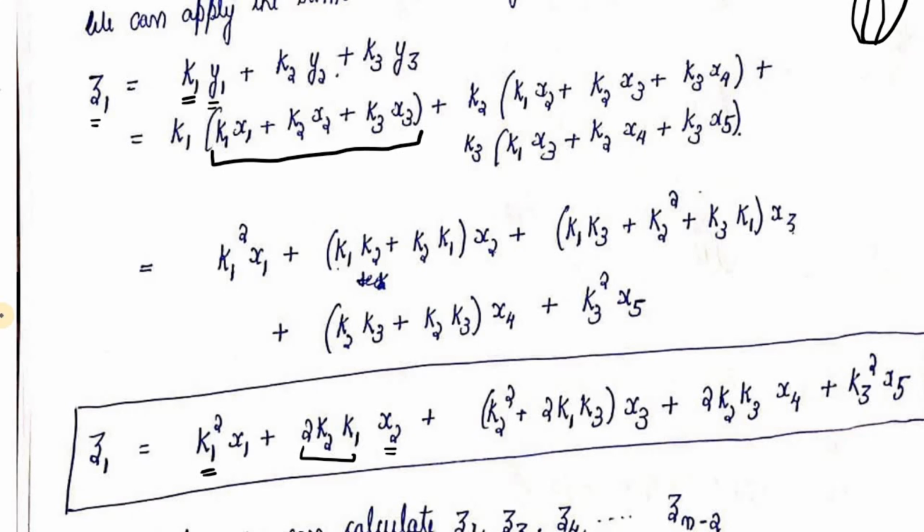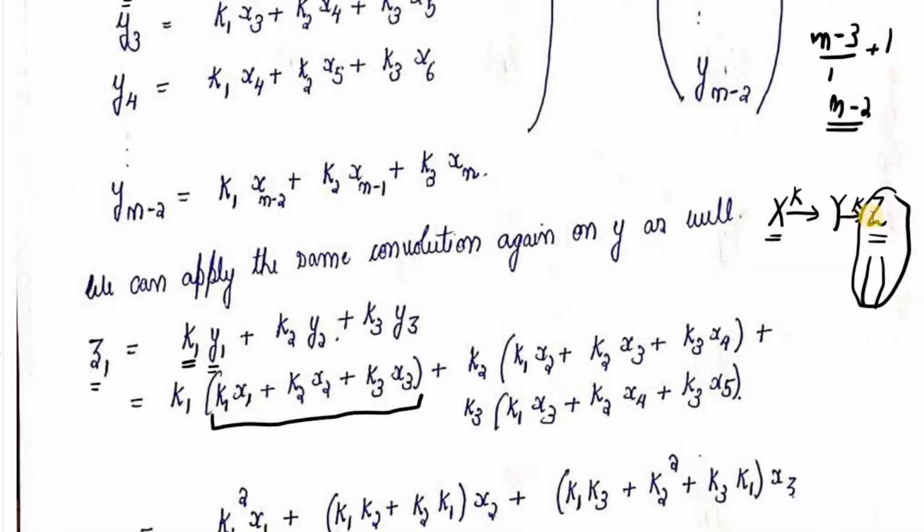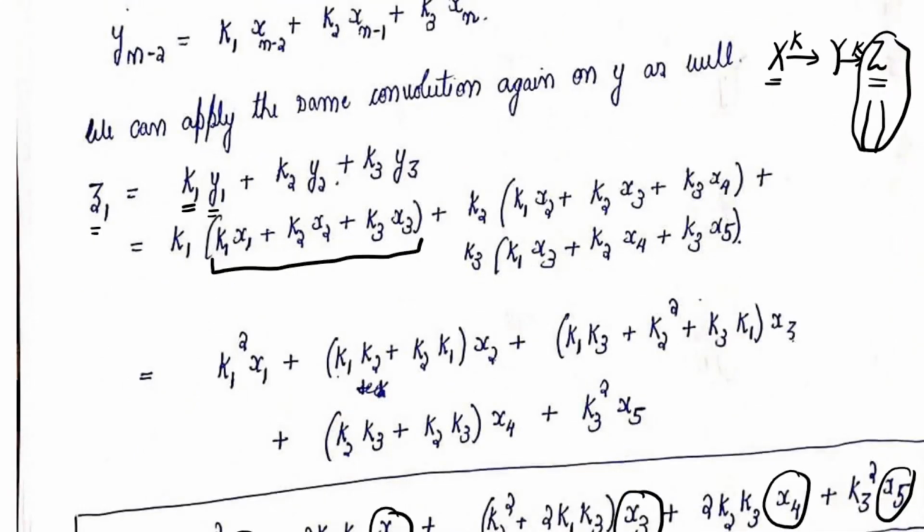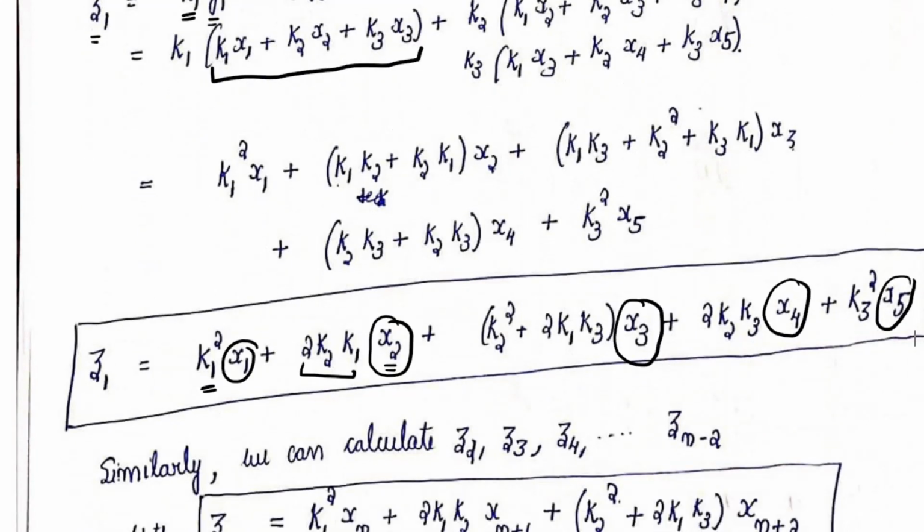To see how many input parameters were needed to calculate z1, we needed x1, x2, x3, x4 and x5. So practically, if I start from an input vector x, go to y and go to z, I can jump straight from x to z by considering the first 5 values of x, and a kernel could be determined accordingly.